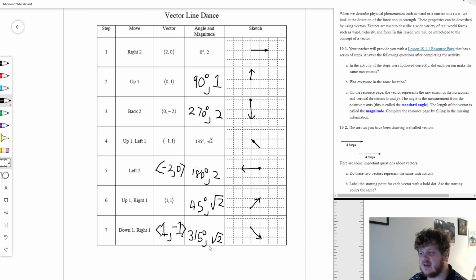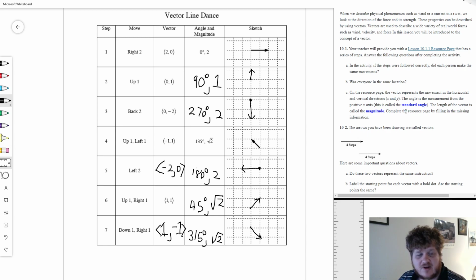So that's what we have here for number 1. Now, with this, we usually do the positive angles. So for any vector you draw, it's probably going to be something between 0 and 360 degrees in terms of your angle. Those are called the standard angles, as it says here in the book.